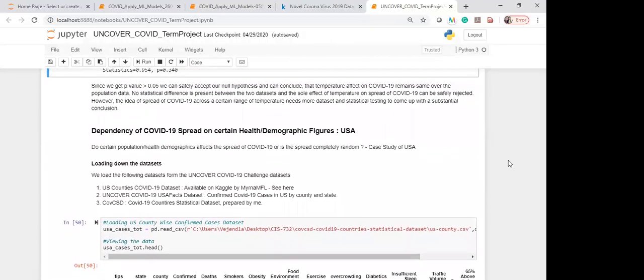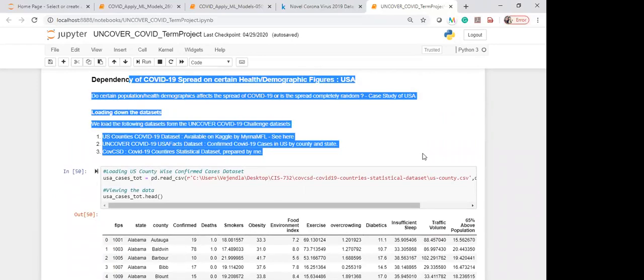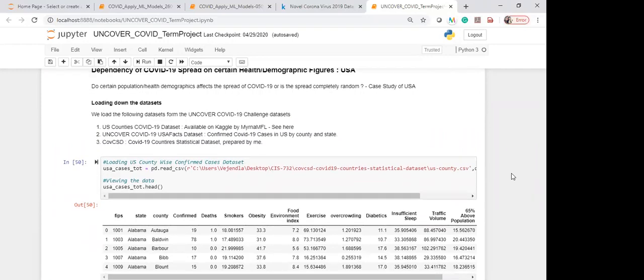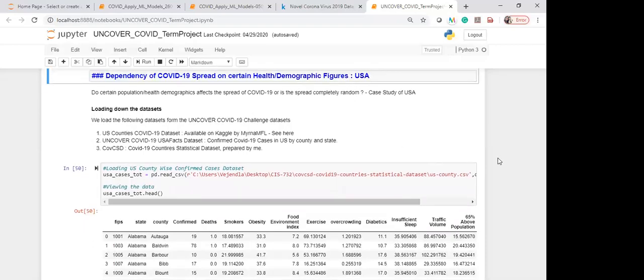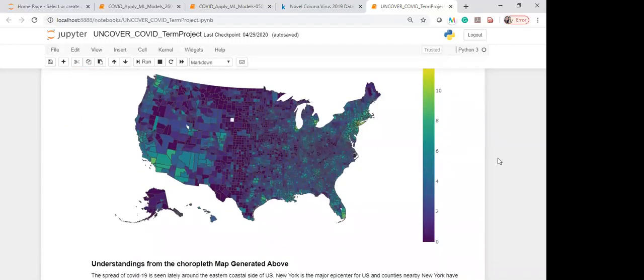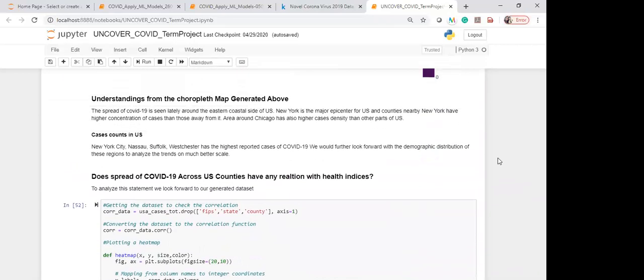So we can statistically accept the effect of temperature on the spread of COVID-19, and the dependency of COVID-19 spread on certain health demographic figures, especially for the USA.